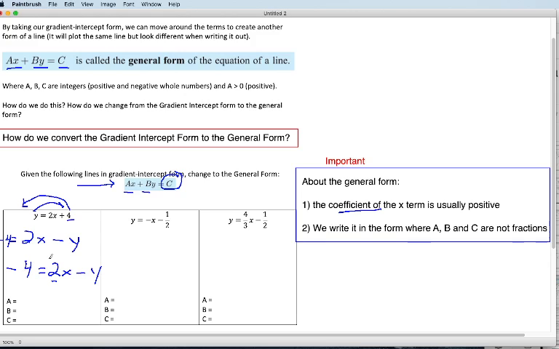And a, b, and c are not fractions. Look, -4 is my c. My a is my 2, and the number in front of my y, the b, is -1. So I can fill this in. So a is 2, b is -1. It's associated with the y term. And my c on the other side in this case is -4. So we have this here. Okay? So that's what we're trying to do. It's quite simple.